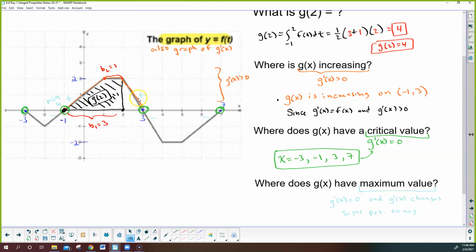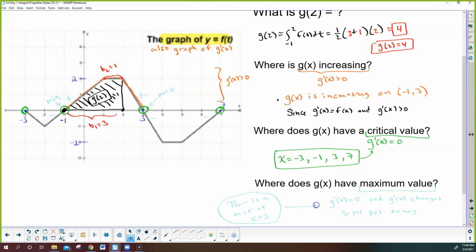But at 3, I go from a positive g prime to a negative g prime. So I know that there would have to be a max. So there is a max at x equals 3.